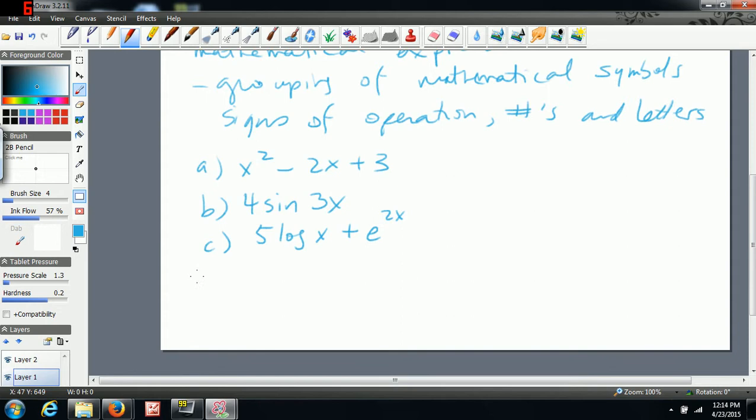Now, algebraic expressions only contain algebraic symbols and operations.